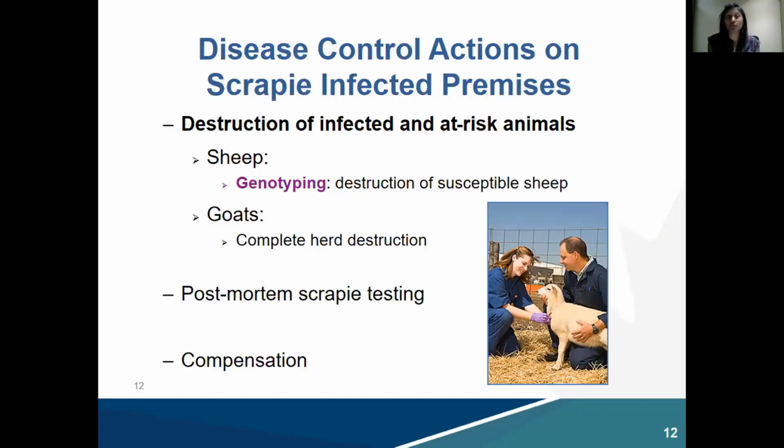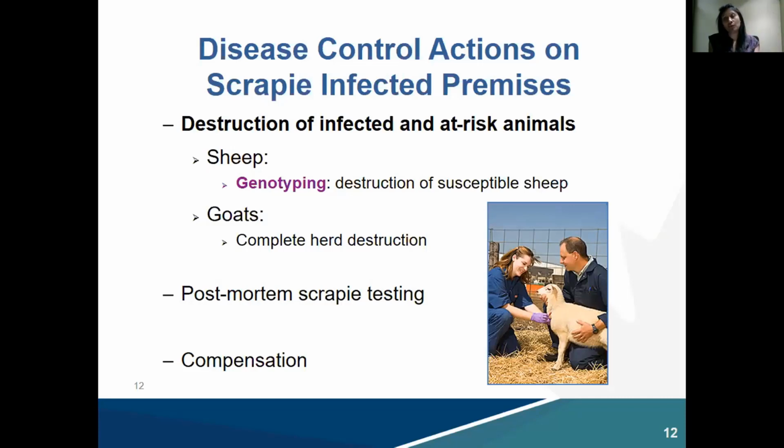So we have been destroying the susceptible sheep, and the resistant sheep have not been destroyed. We have not had the same information in goats, and we still don't. We have some improved information on resistance in goats, which I'll share shortly.